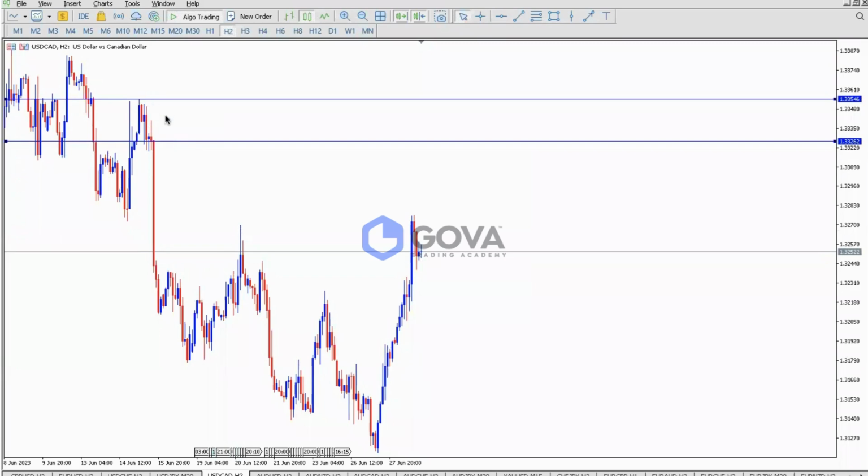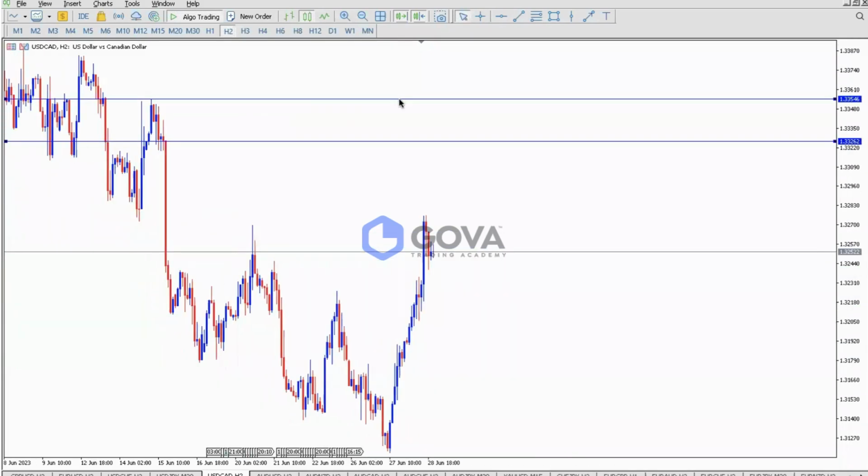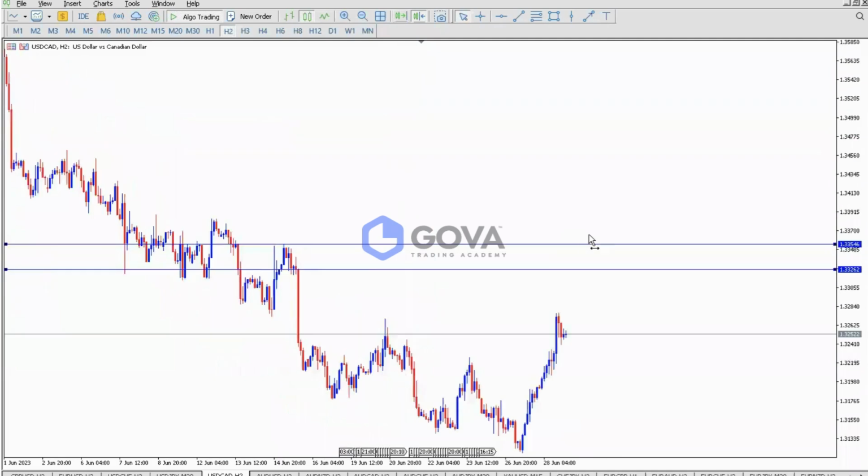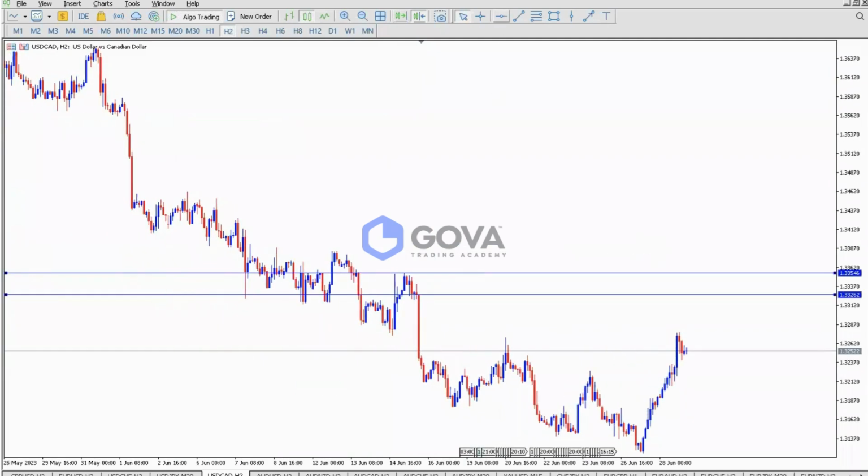But you can see this one is not effective enough. What do I mean? We need a tool that can mark our zone like this. These horizontal lines are not enough to mark our zone and to focus on the zone we are marking.